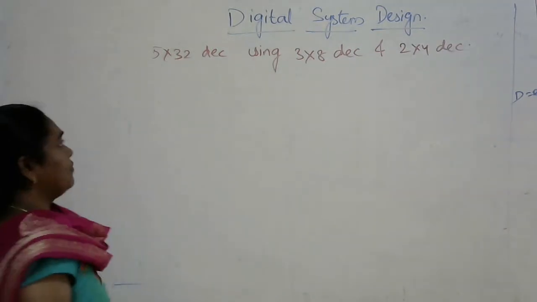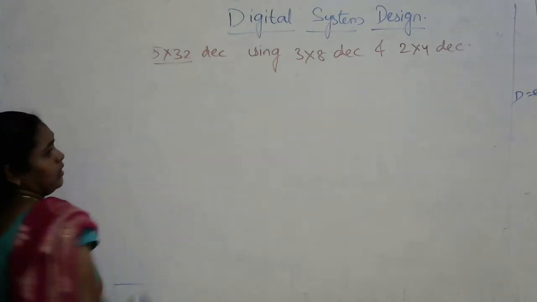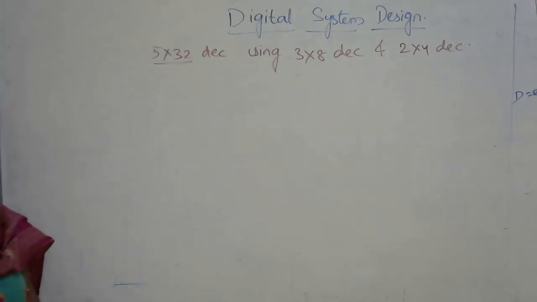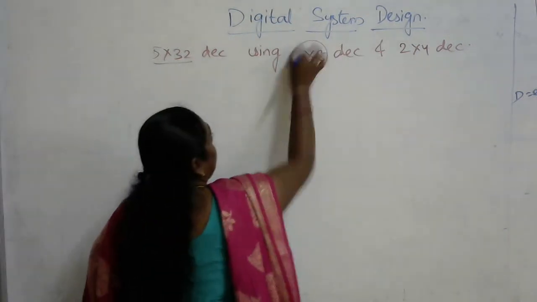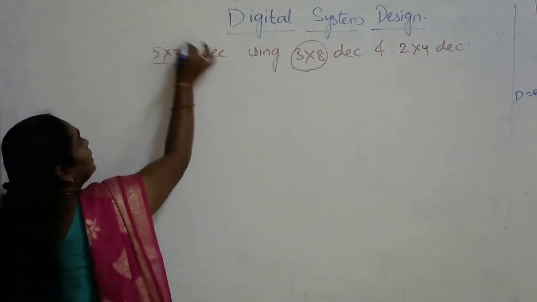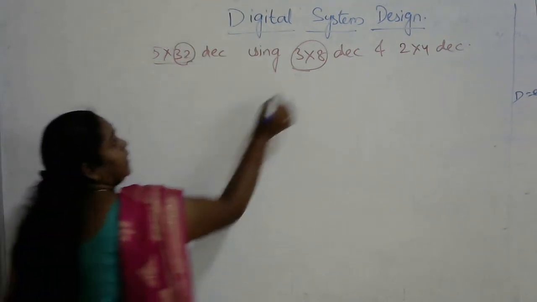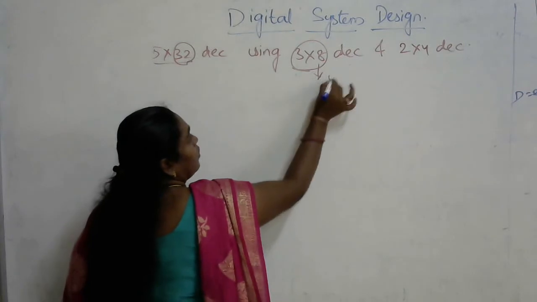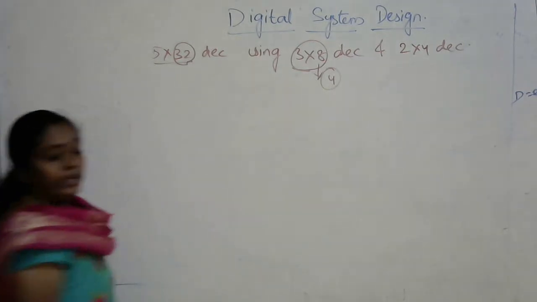In case of a 5 by 32 decoder, we have 32 outputs followed by 5 inputs. But a 3 by 8 decoder consists of 3 inputs. So if I want to get 32 outputs, how many 3 by 8 decoders do I need to use? 4 3 by 8 decoders.